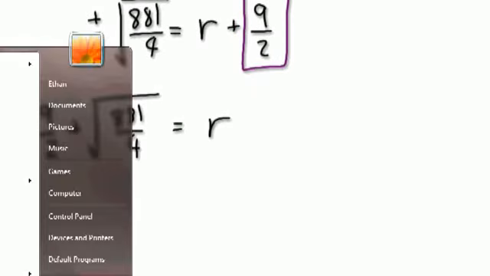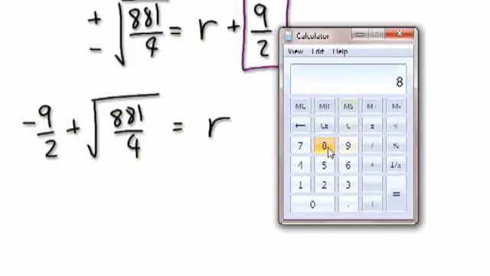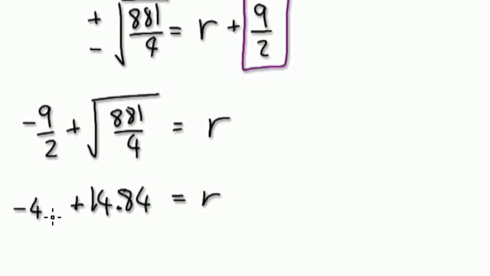Jump to your calculator. Let me do 881 divided by 4 equals this, and then square root it. That will give me 14.84. Then this will be 4.5, right? 9 divided by 2 is 4.5.